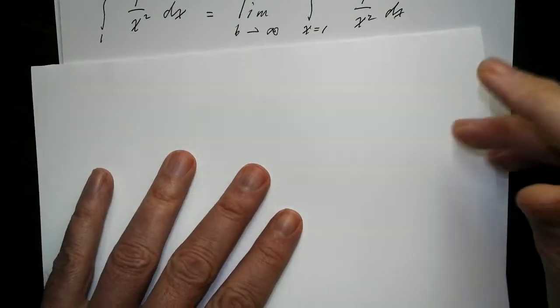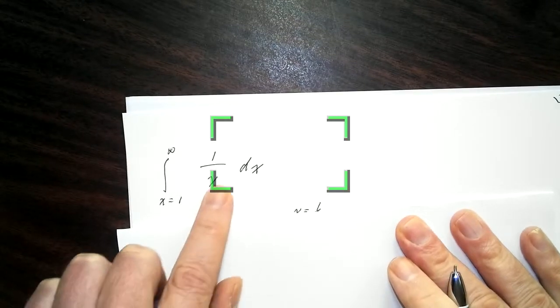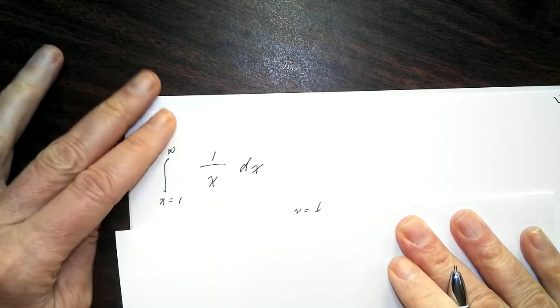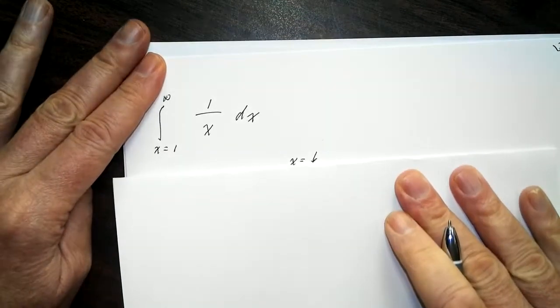Now let's take a look at a slightly different example. The improper integral from 1 to infinity of 1 over x. So I'm simply changing this from 1 over x squared to 1 over x. The process is exactly the same.